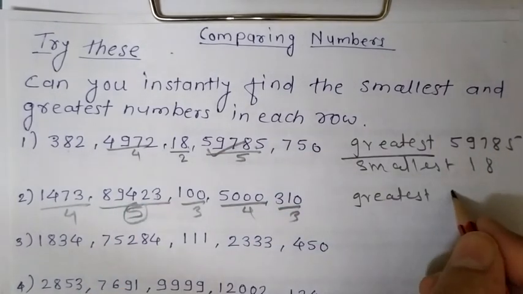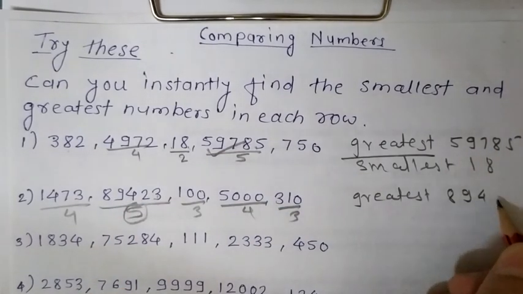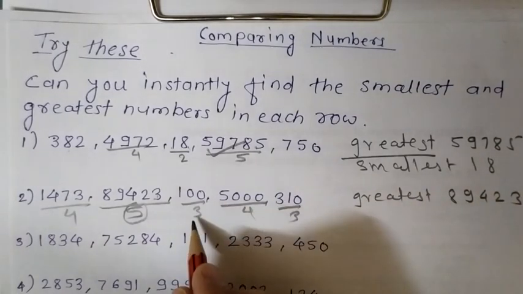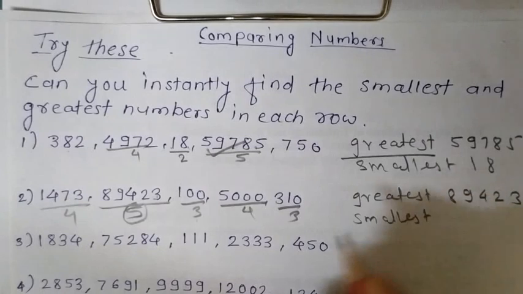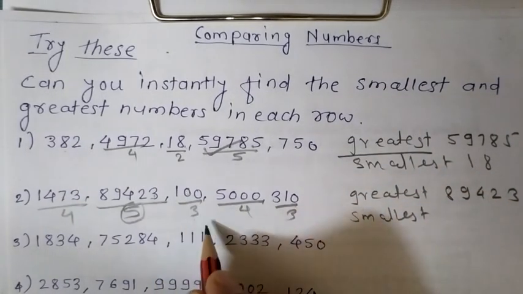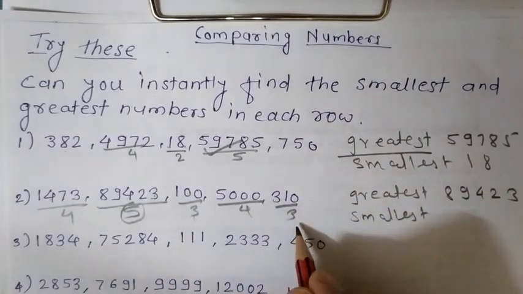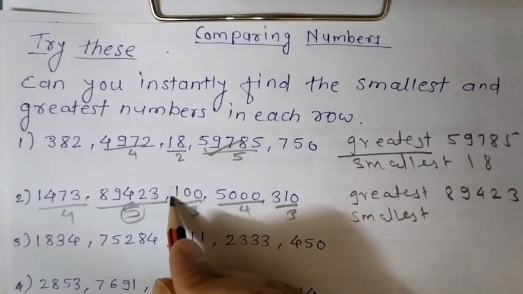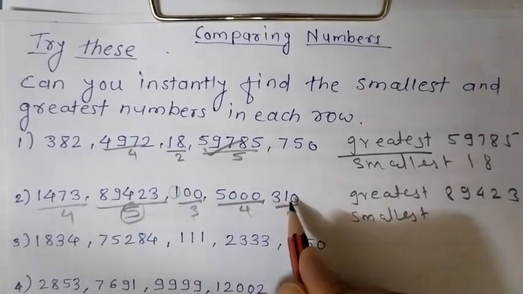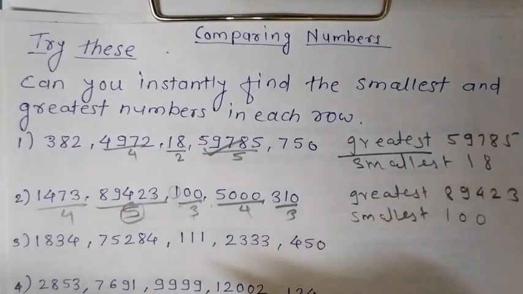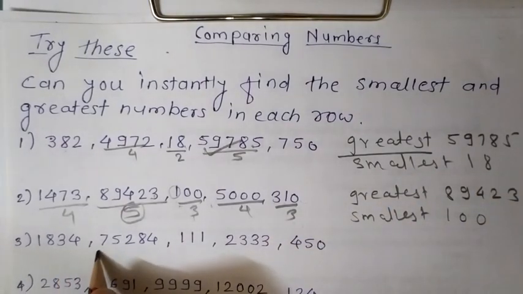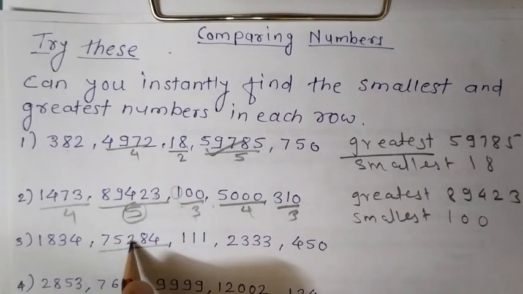So greatest is 89423, and here smallest is, here you see 100 3 digits, 310 3 digits. So you have to check their first digit. Here 1, 3. So which one is smallest? 100.